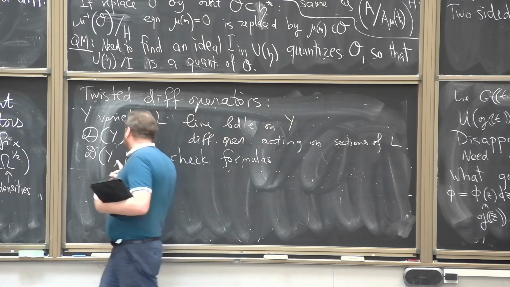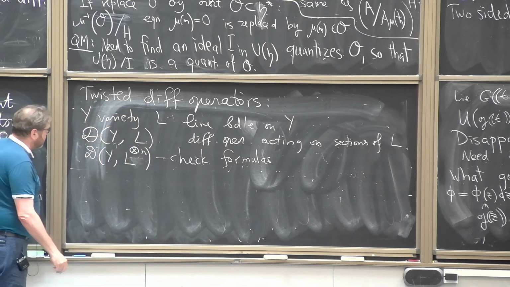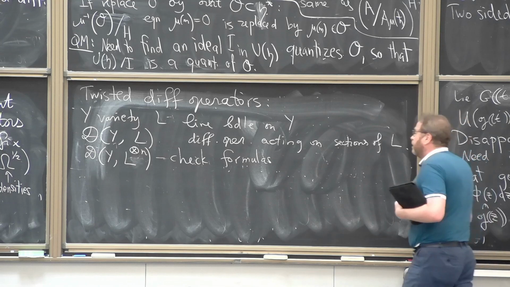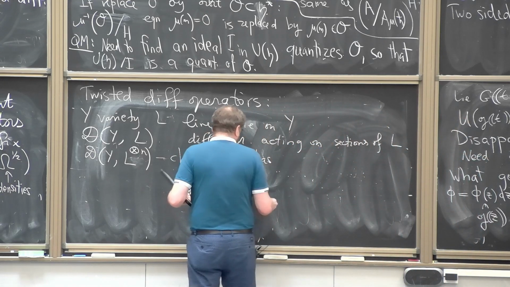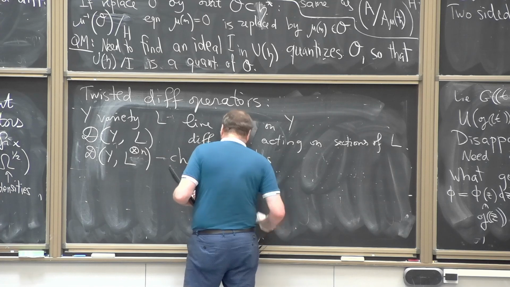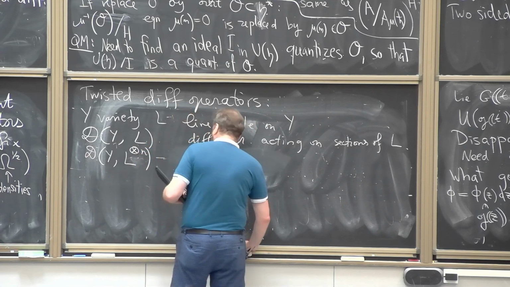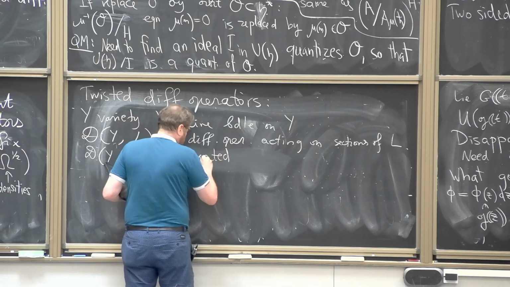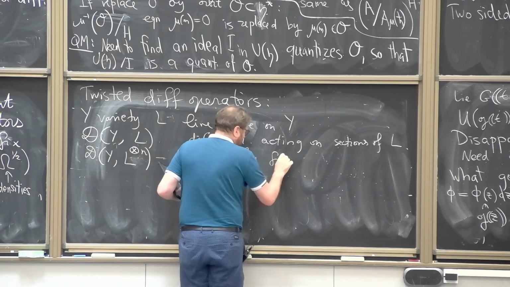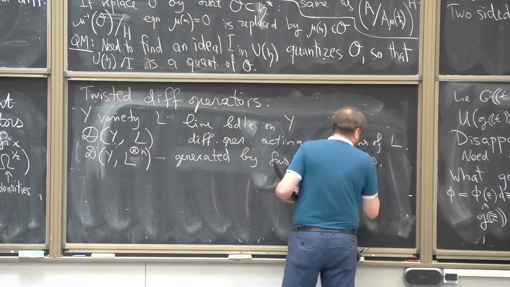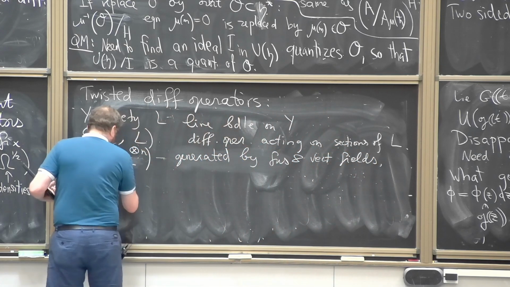So you can generate them by functions and vector fields, but in the relations, n will occur as a parameter. So the formulas: it's generated by functions and vector fields, and the formula contains n as a parameter.